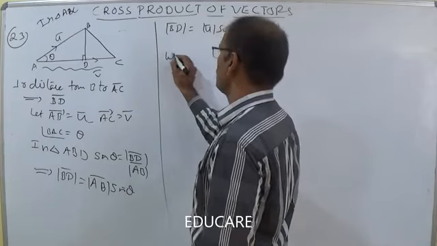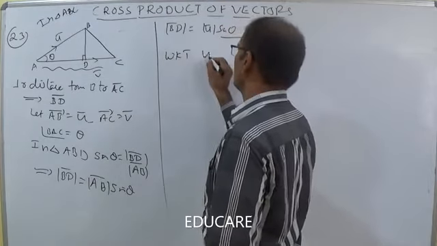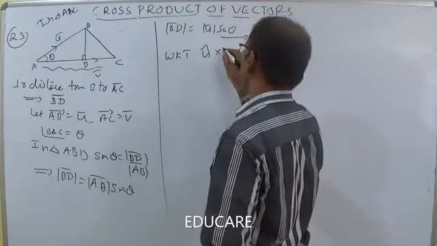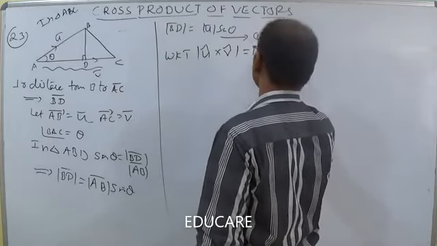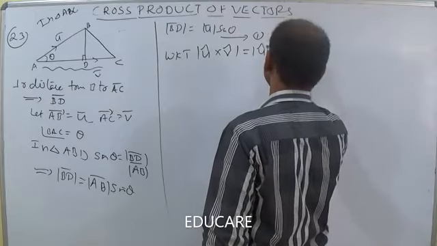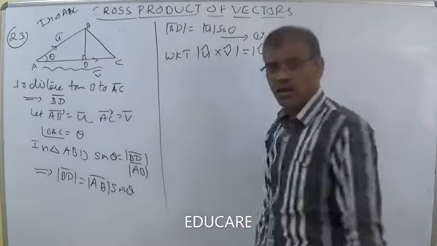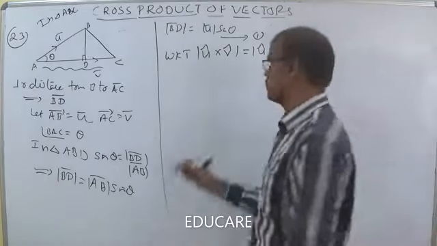Next, I am writing the definition of u bar cross v bar with modulus. Mod u bar cross v bar is equal to mod u into mod v into sin theta, where theta is the angle between u and v.